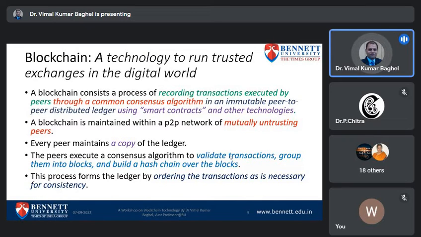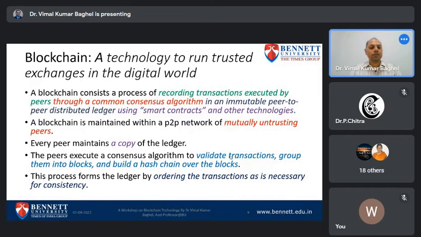Now we are doing everything online, and a blockchain consists of a process of recording transactions executed by peers through a common consensus algorithm in an immutable peer-to-peer distributed ledger using smart contracts and other technologies. So the common consensus algorithm, smart contracts, and distributed ledger are all part of the blockchain.